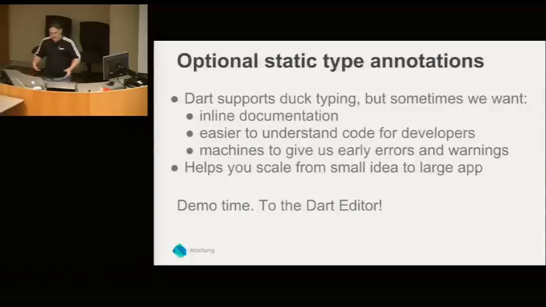We want easier code for developers to understand. We want machines to give us early errors and warnings. I'm a Python/Ruby guy, so I really like coding fast, but I also really like it when Dart Editor can tell me that my code is borked even before I run my tests. That's really nice. We already talked about scaling, and so now I'm going to demo the Dart Editor.